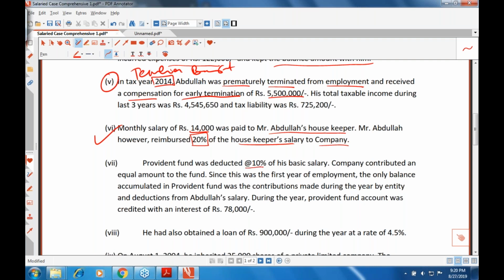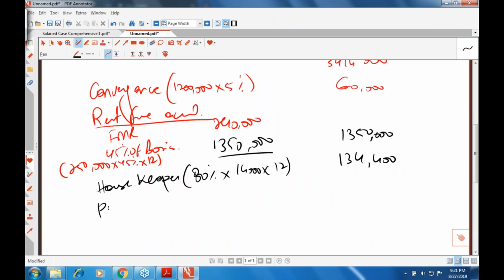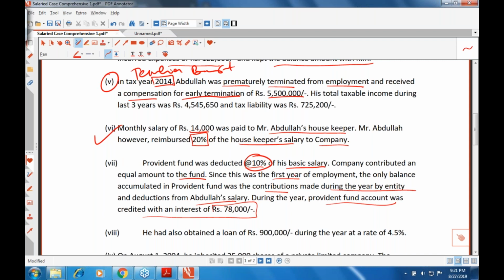It says Provident Fund was deducted at 10% of his basic salary. Company contributed an amount equal to the fund. Since this was the first year of employment, the only balance accumulated in the fund was the contributions made during the year by the entity and deductions from Abdullah's salary. During the year, Provident Fund account was credited with an interest of 678,000. Now let's talk about it. So it says 10% of the basic salary was deducted.